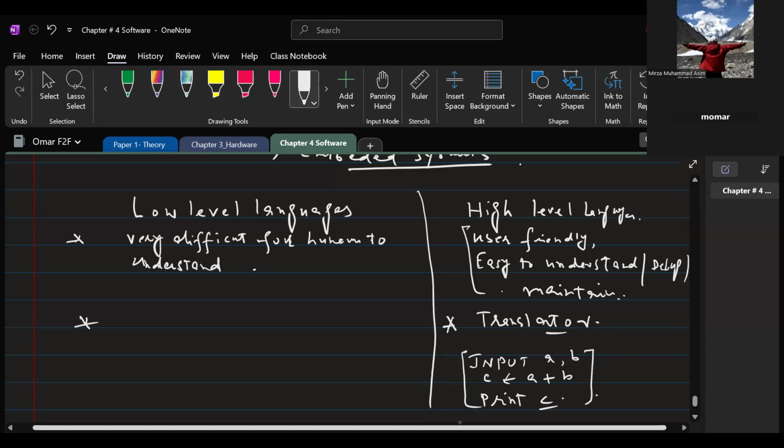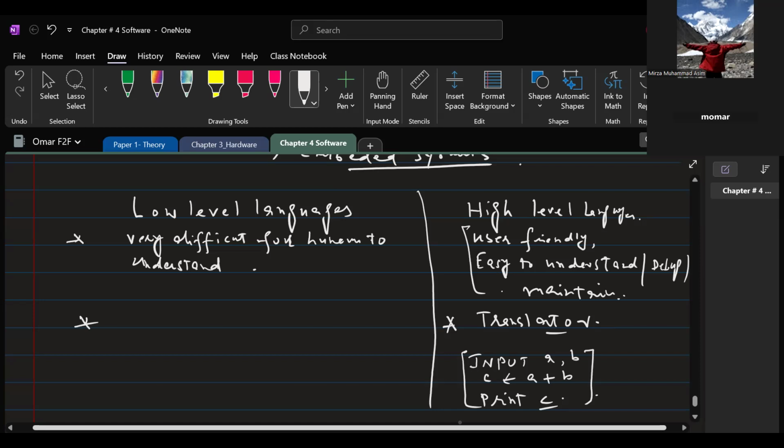In order to convert all these English commands into binary, we need a translator. A translator is a program which converts your English commands into machine code so that the computer can understand and start interacting with you, right?